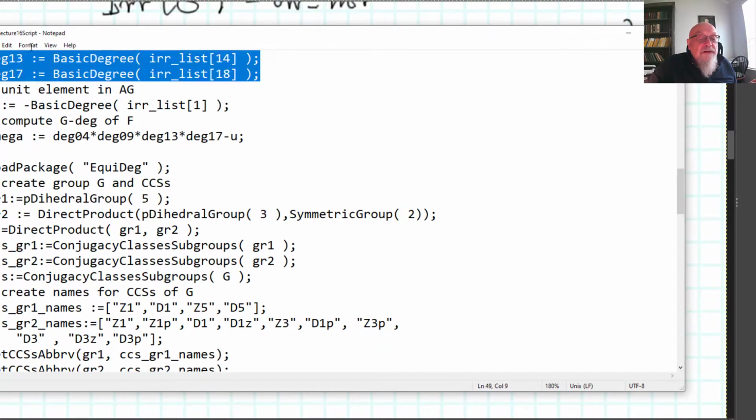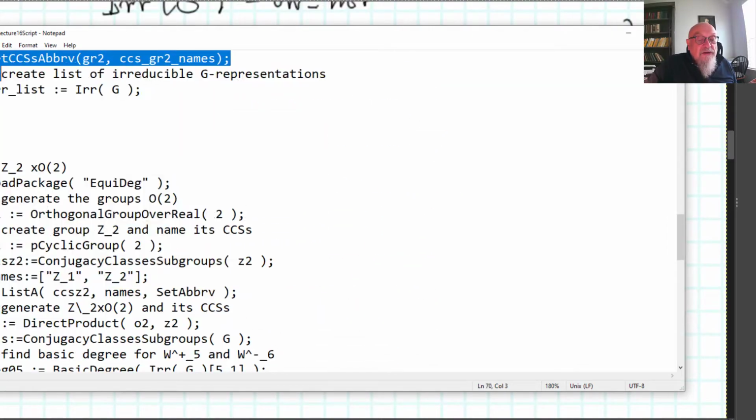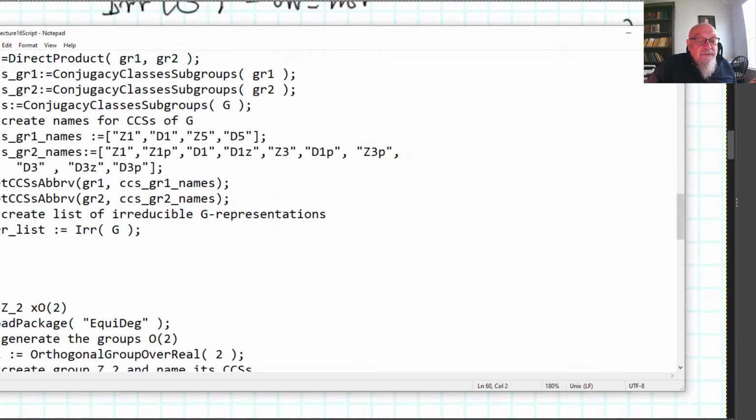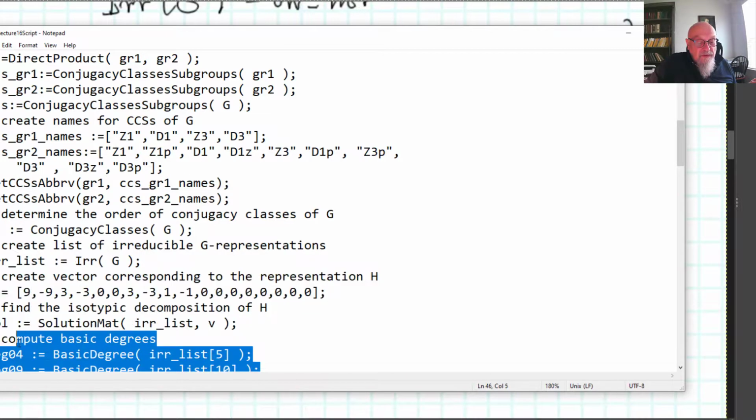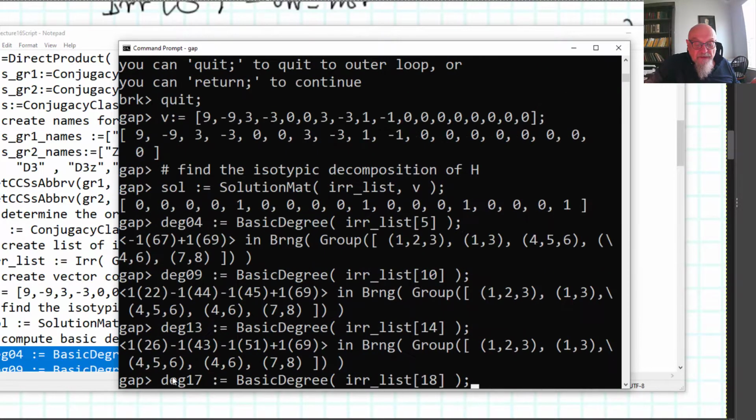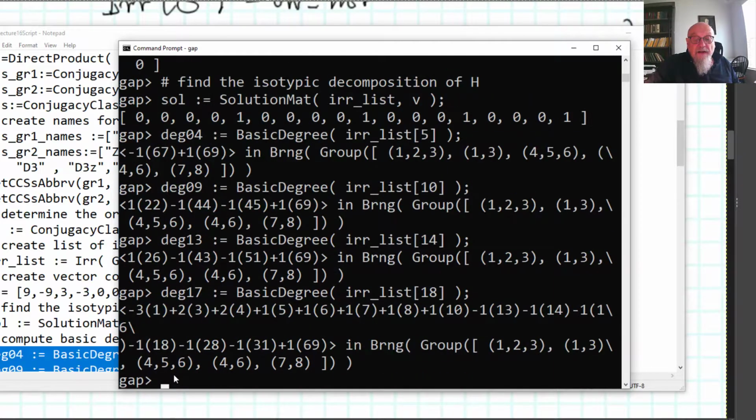It doesn't want to paste. Again, copy, paste. Basic degrees. Control C. Again, paste. See how bad I am with these things. Again. Yeah, I computed several of them: 17, 9, etc. Nice.